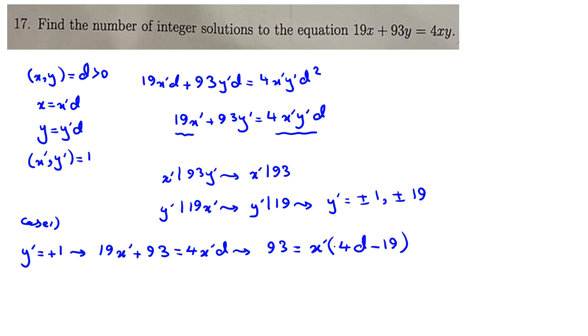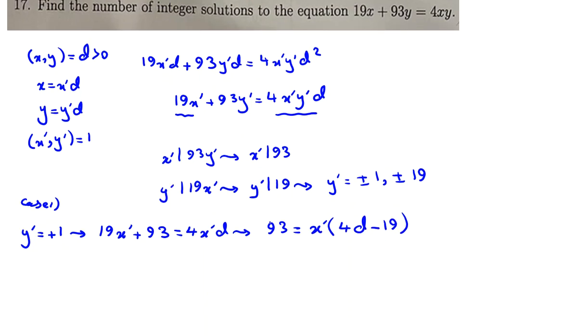Now we can take these to the right-hand side and factor out x': 93 equals x' times (4d minus 19). Now 93 is 3 times 31. If you check, this number is 3 mod 4. And 4d minus 19 is 1 mod 4, because negative 19 is 1 mod 4, since 19 is 3 mod 4.